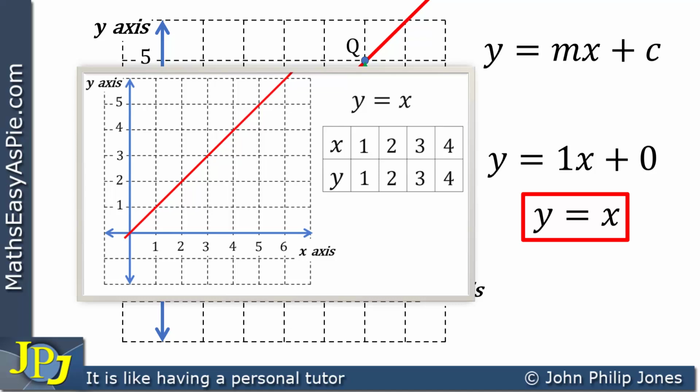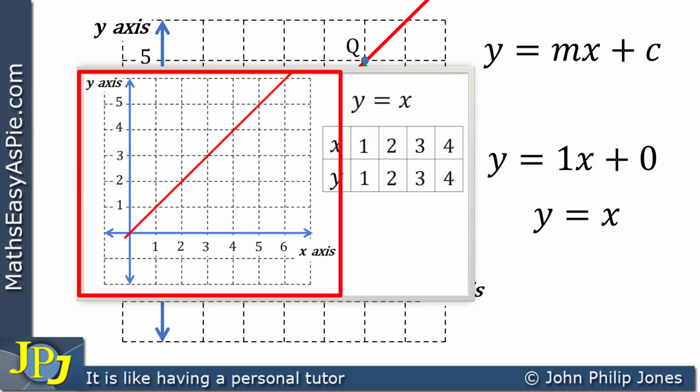But it is. It's just that m, the gradient for this, is 1, so we don't see anything in front of the x, and the intercept is 0, so there's no point putting it in. So this is an equation for a straight line graph, which we showed here at the first slide of this video, which gave us this straight line graph here, as you can see.